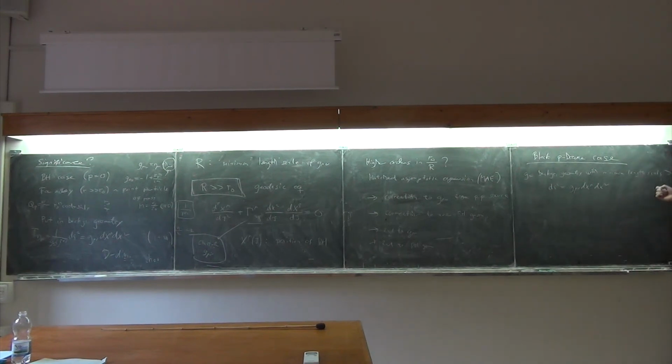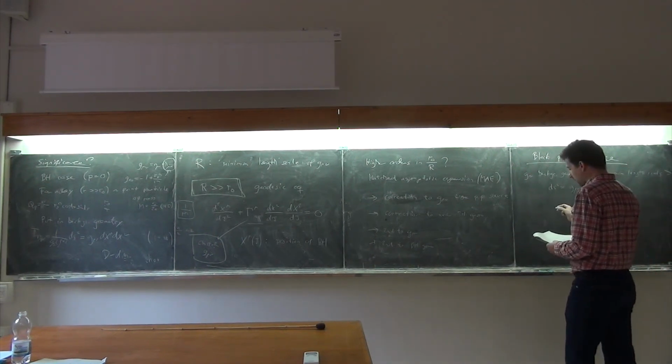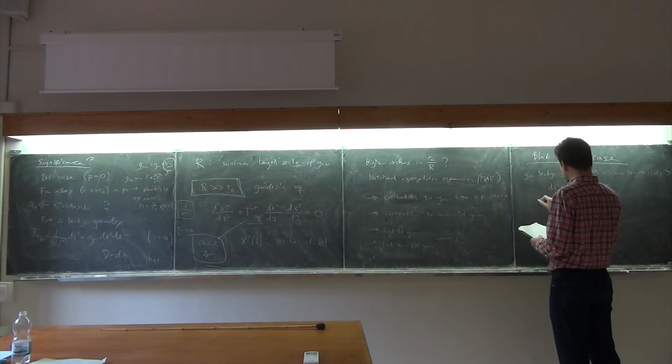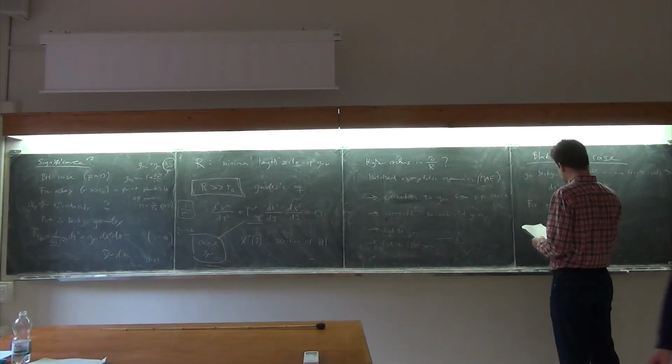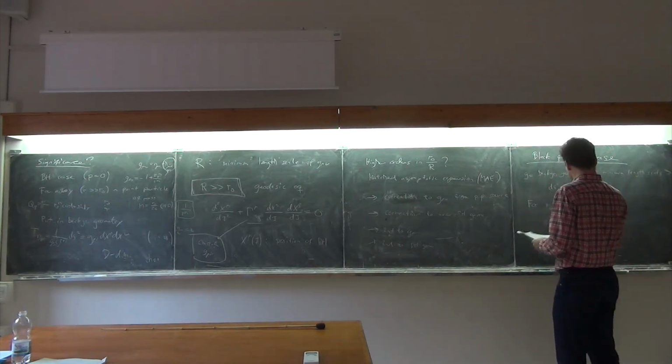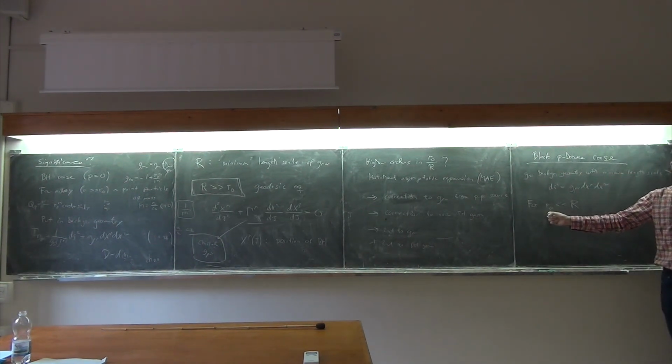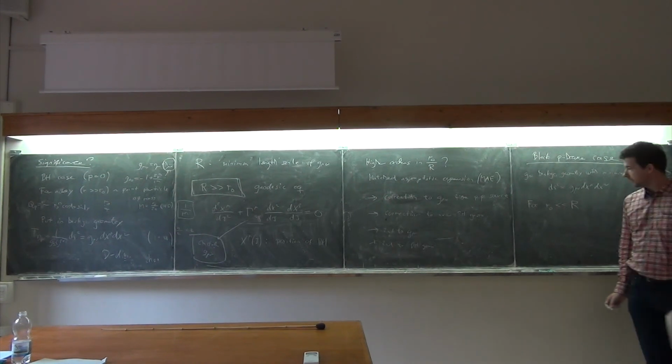And then I say here that the minimum length scale should be bigger than this R, which is the typical length scale. And then we have for R0, well, this R0 is now the event horizon radius of the black p-brane, for this R0 much less than R.